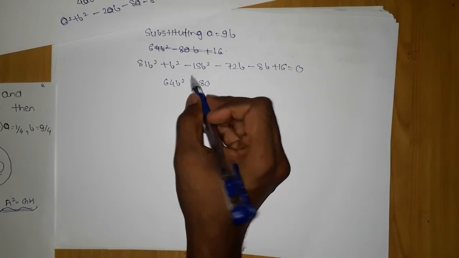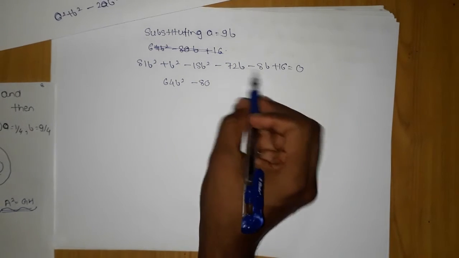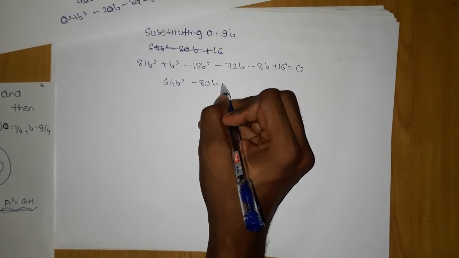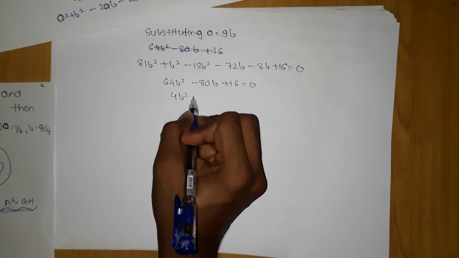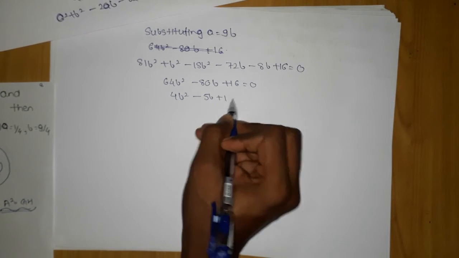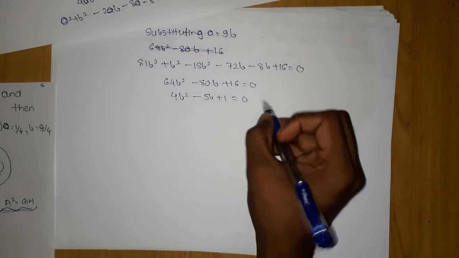Right, 80b, let me check. Yes, 80b, and finally we have 16 equal to 0. If I divide by 16, we will get b square minus 5b plus 1 equal to 0.